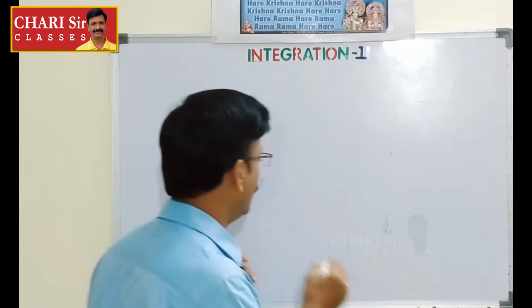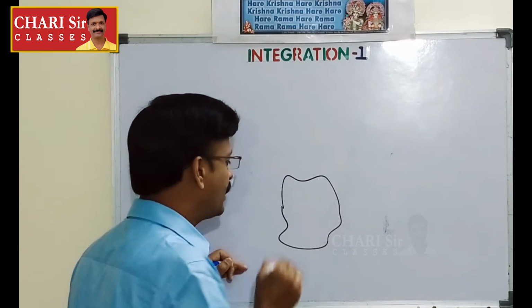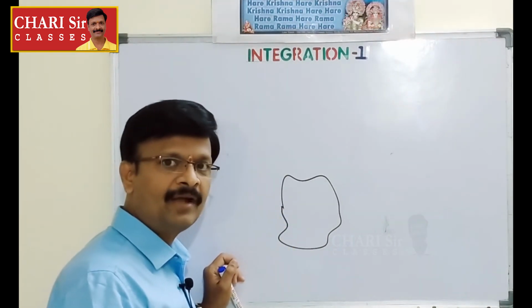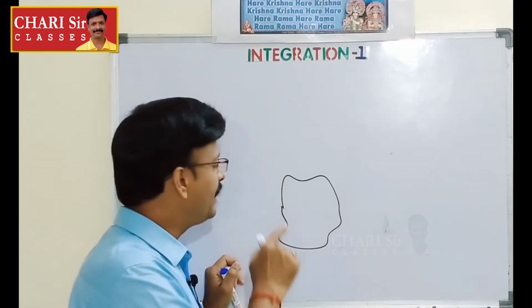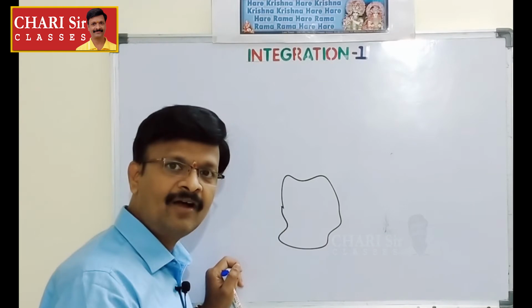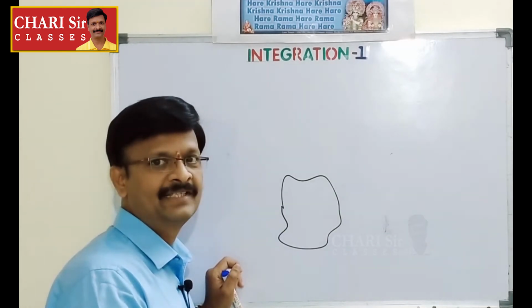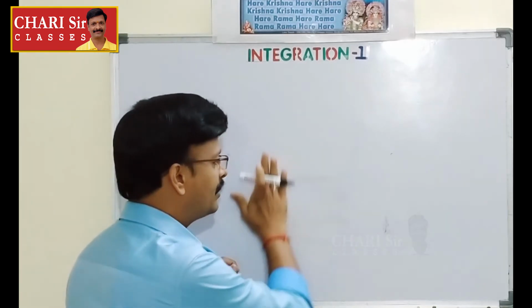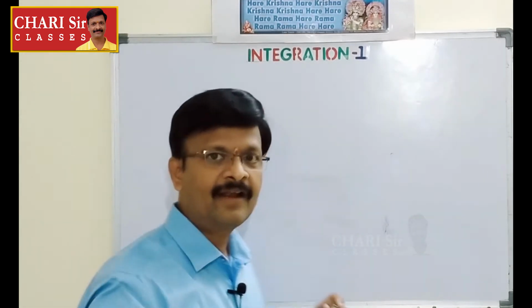Suppose I give you any shape like this, what is the area of this closed object? For this there is no formula to find the area, so we take the application of integration and find the area of irregular objects. So integration is used mostly to find the area of irregular objects.